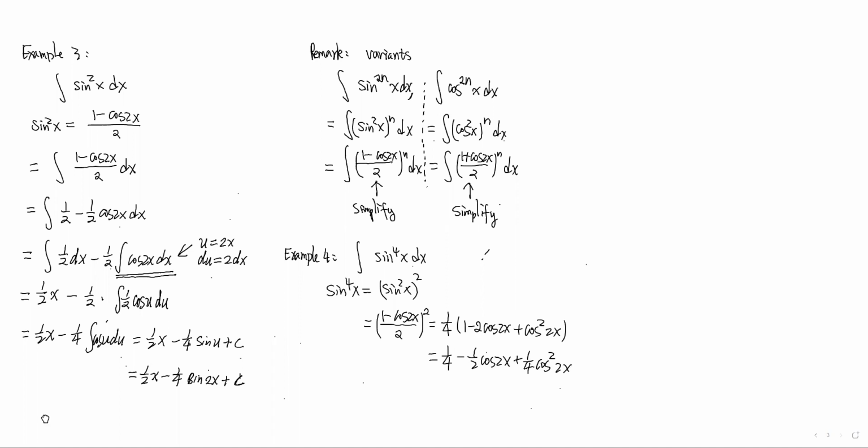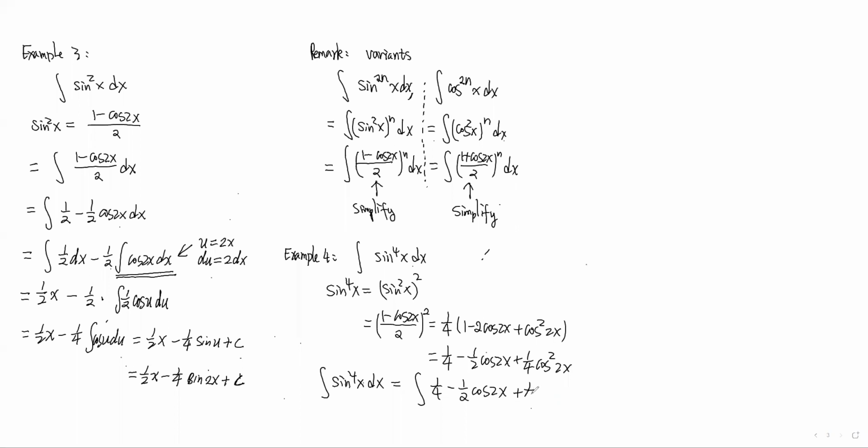Right. So let's compute this. This is sine power to 4 dx. By this identity, we have this minus half, right, cosine 2x plus 1 over 4, right? Sorry, I jumped. I should not jump.